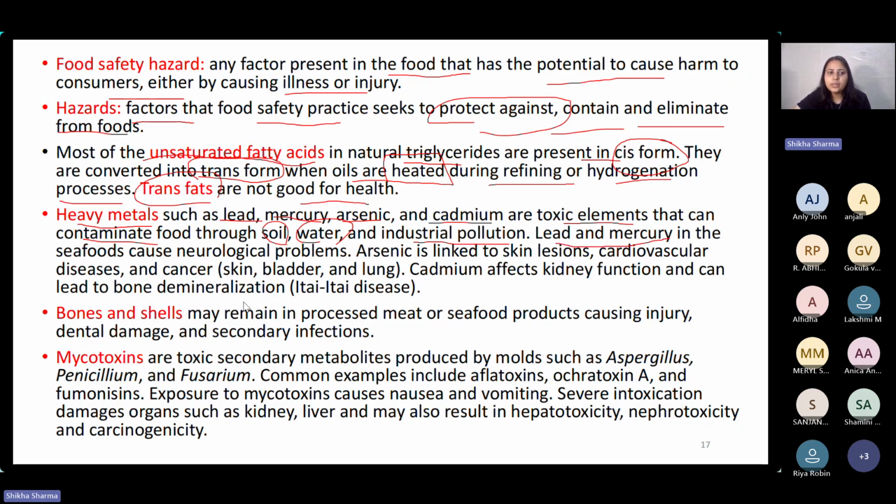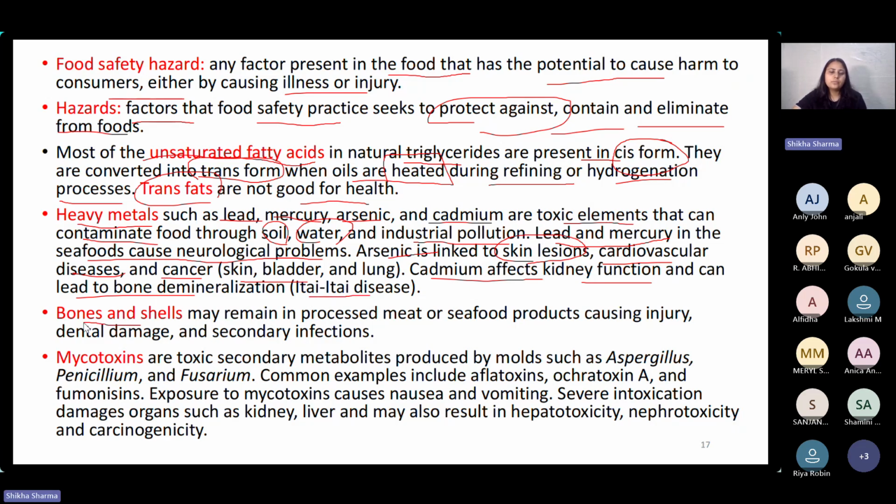Lead and mercury in seafoods cause neurological problems. Arsenic is linked to skin lesions, cardiovascular diseases, and cancers like skin, bladder, or lung cancer. Cadmium can cause kidney dysfunction and lead to bone demineralization. So it is also known as Itai-itai disease.